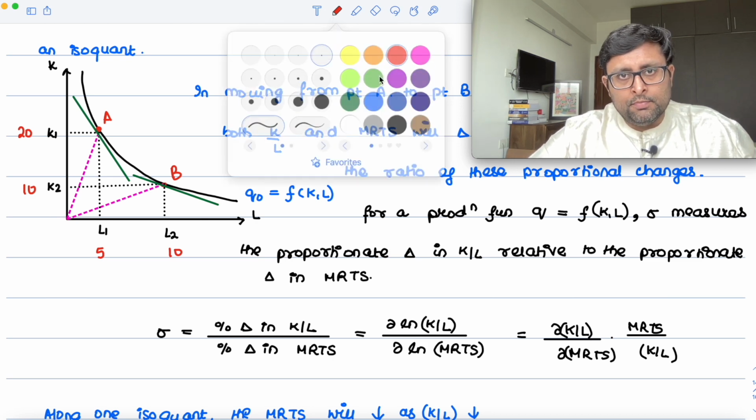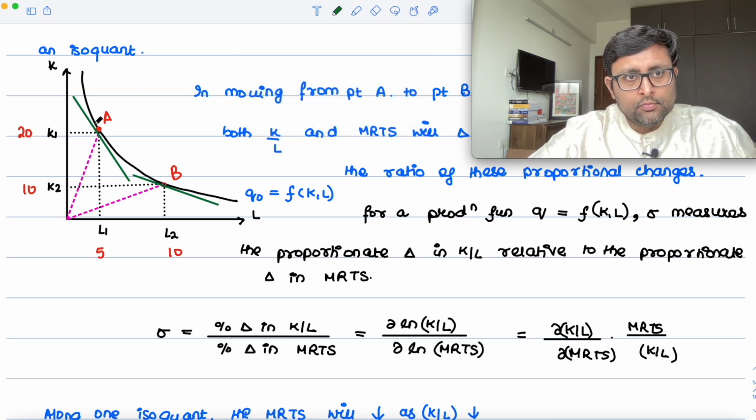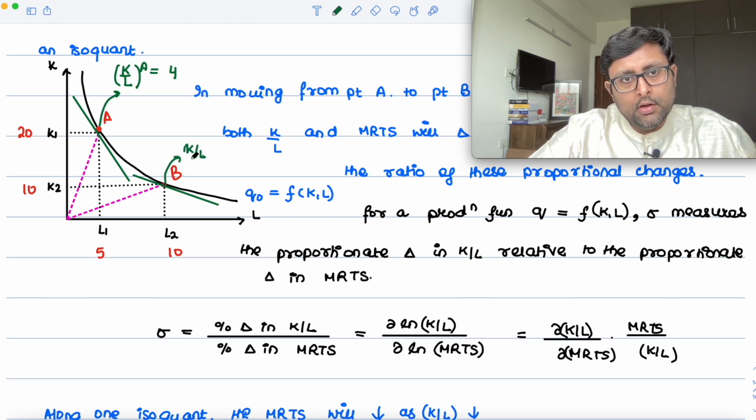Okay. So if I have this, then what is the K by L ratio at point A? It is 20 upon 5, which is 4. K by L ratio at point B is what? 10 upon 10, which is equal to 1.